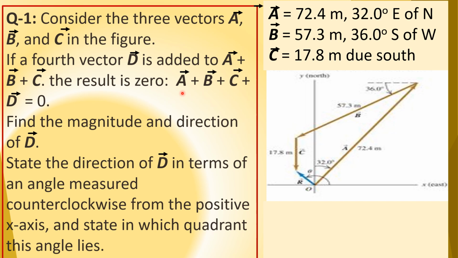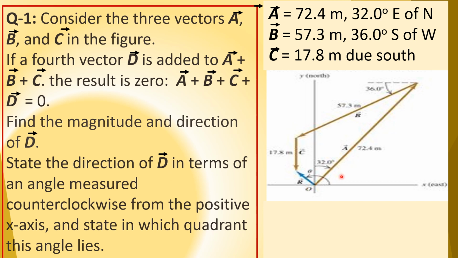That is, vector A plus vector B plus vector C plus vector D is equal to 0. Questions. Find the magnitude and direction of vector D. State the direction of vector D in terms of an angle measured counterclockwise from the positive x-axis, and state in which quadrant this angle lies.